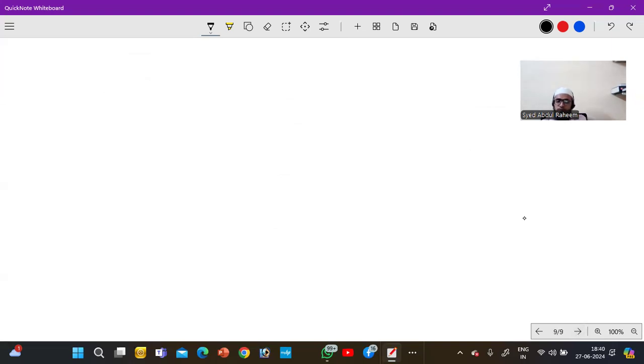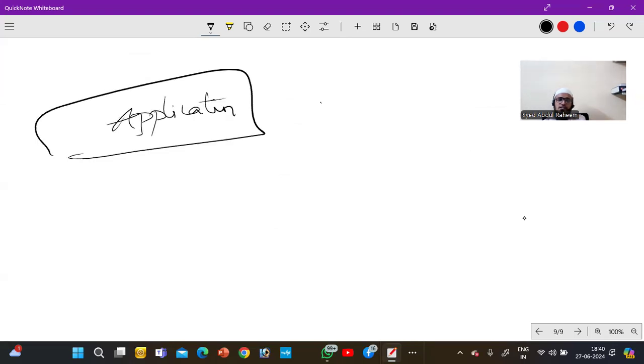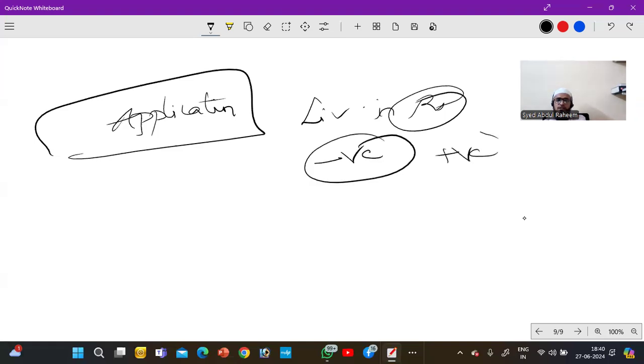And along with that, we have to give importance to application. Because the liver is situated on the right side, and the right side is negative in nature, we have to give positive electricity.